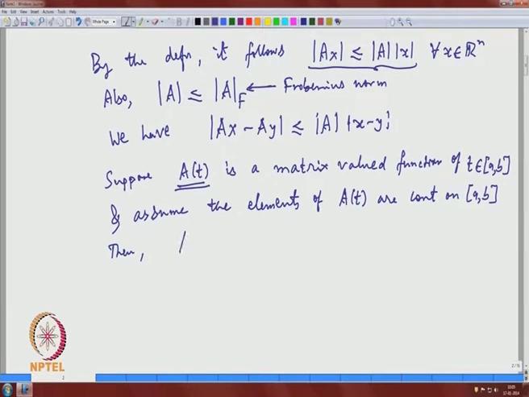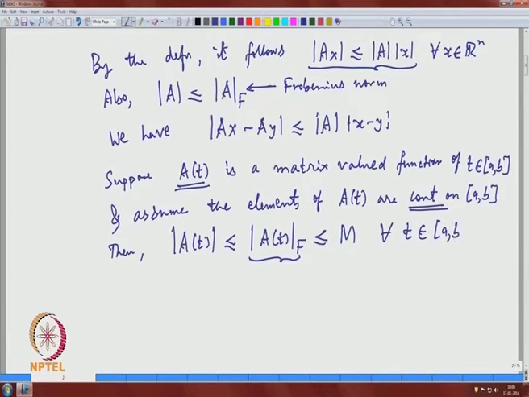then for each t I have this thing, and since this Frobenius norm is the sum of all squares of the elements of A of t, and since I am assuming they are all continuous, this is just a sum, let me put m, for all t in [a, b], using continuity of the elements of A of t.